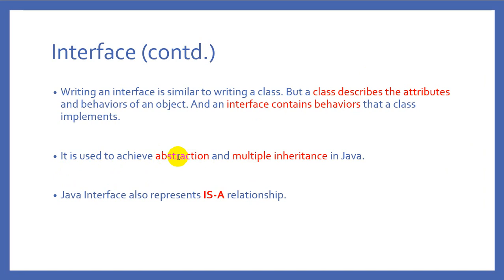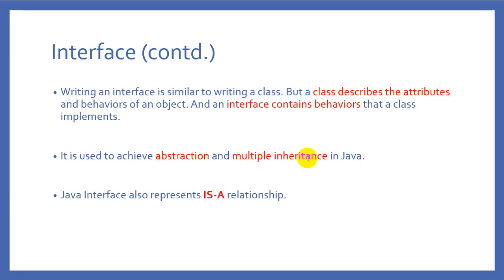Abstraction: whenever you are not sure about the functionality, but the functionality should be there, then you need to define it, and your interface will achieve this objective of abstraction.